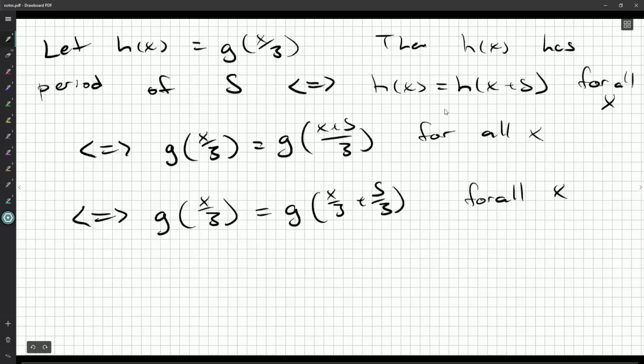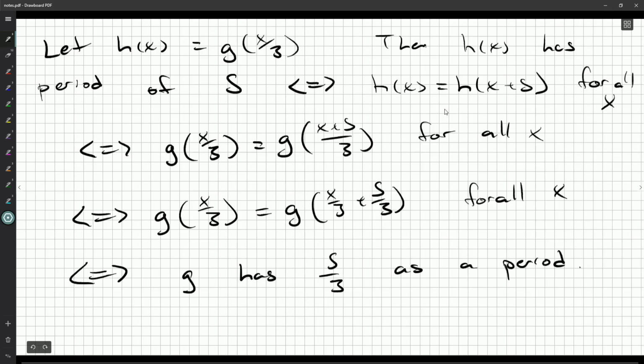But this is true. We could even say, if you really wanted to, for any x we can find a y so that x is equal to 3y or something like that. But I'm confident just saying, well, this is true if g has s over 3 as a period. Okay?